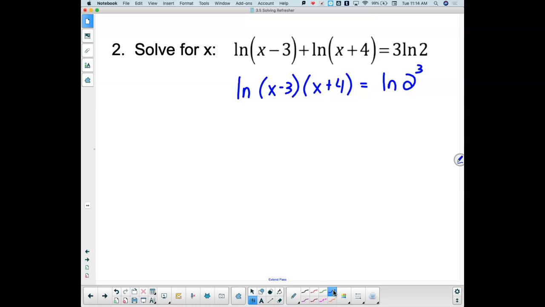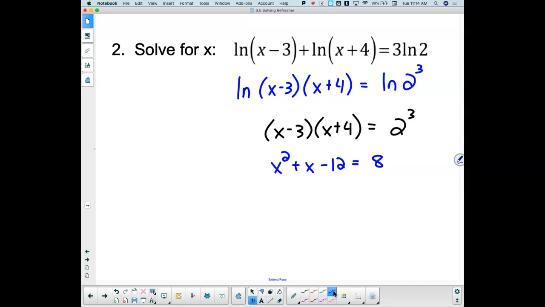And then this would just become x minus 3 times x plus 4 equals 2 cubed. x minus 3 times x plus 4 is going to be x squared plus x minus 12. 2 cubed is 8.